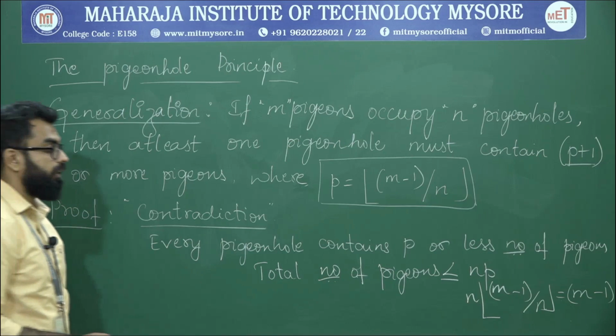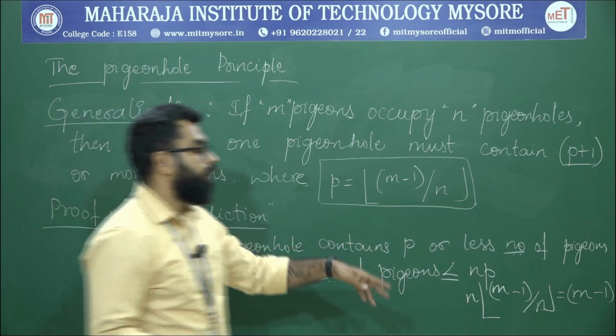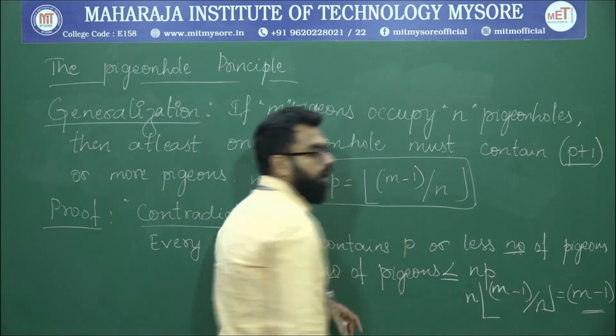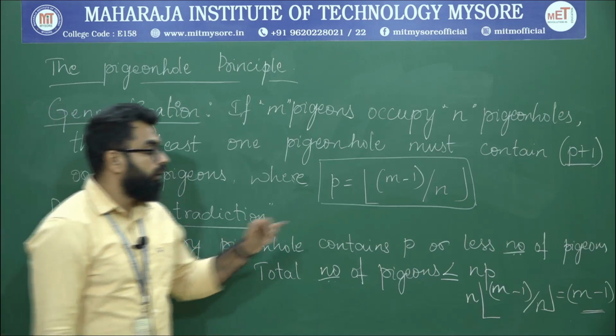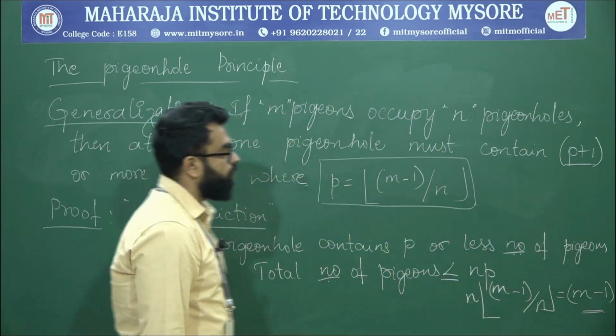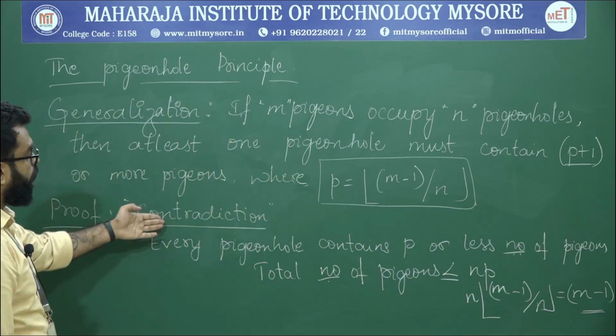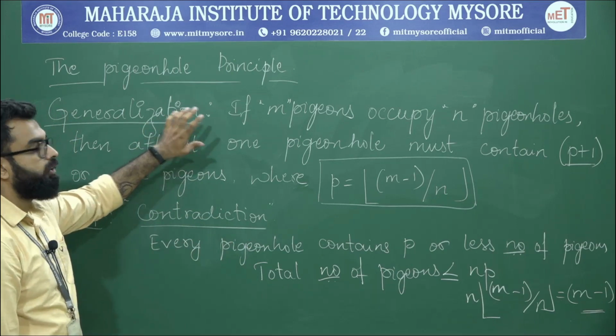Is that the case? No, we have already said that we have m pigeons, but here this m minus 1 contradicts our assumption that m pigeons are present. So this particular thing fails. M minus 1 is not possible. Hence our contradiction assumption also fails. So the given generalization is true.